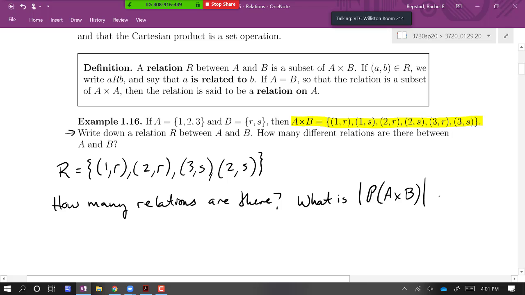Right? How many subsets? And that is 2 to the 6, or 64. So there are 64, and that includes the empty set. That includes the relation where we say nothing's related to anything. That's a relation. It's not a very interesting one, but it is one.